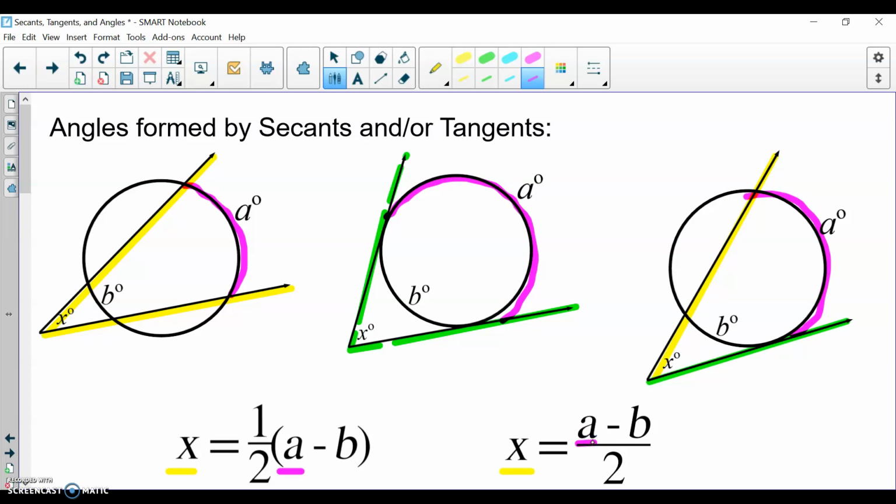And that's the bigger arc that is furthest away from angle X. And then we subtract arc B, which is the smaller intercepted arc, or the one that is closer to angle X. And then take that difference and multiply by 1/2 or divide by 2, which represents the same thing. So I usually use this second formula because I like the division by 2.